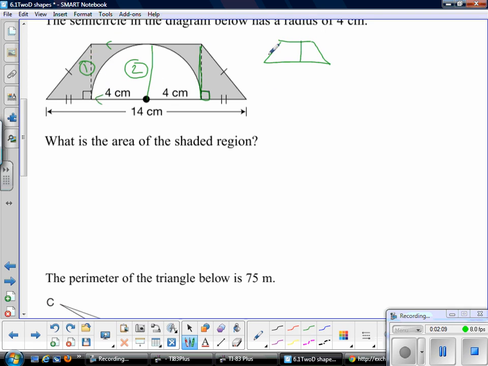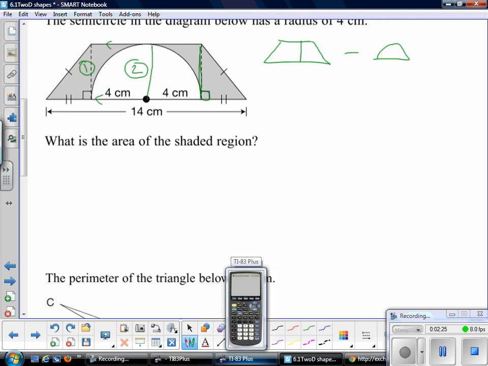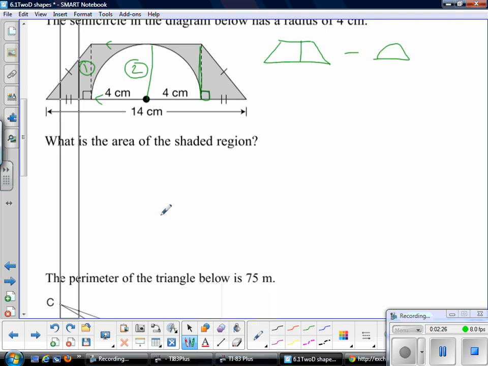So I'm going to take a trapezoid and I'm going to subtract half of a circle. Now, that is my little diagram to help me remember my plan. So I'm going to find the area of the trapezoid first. So if I look at the area of a trapezoid, I think I spelled it wrong.